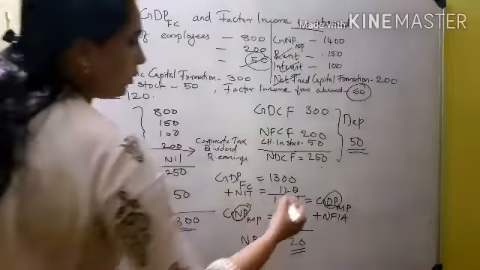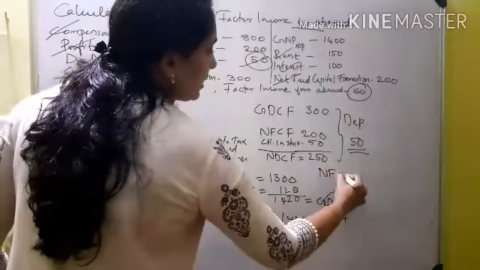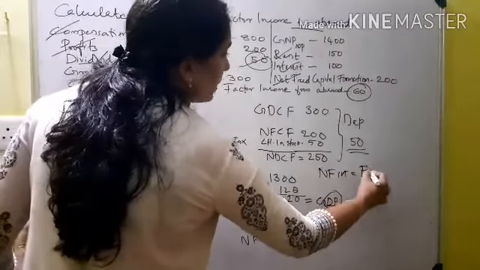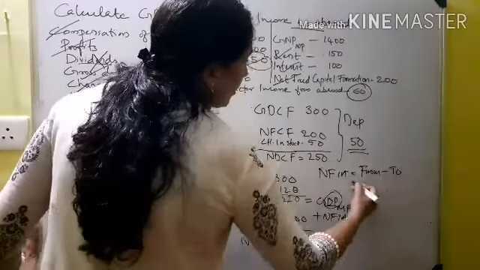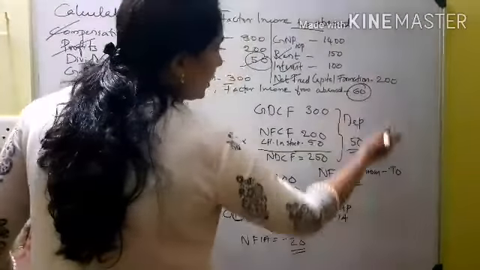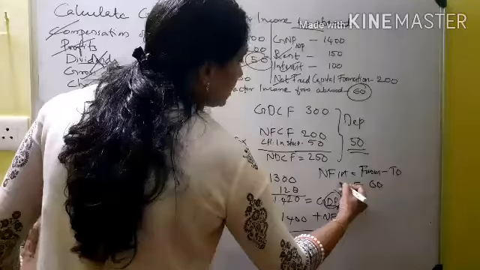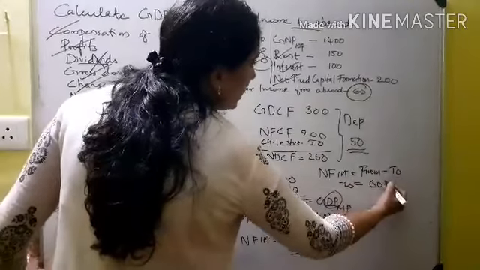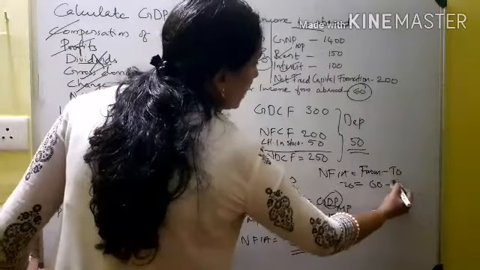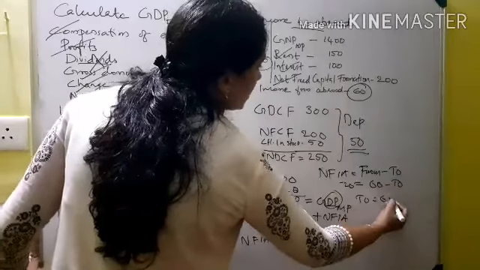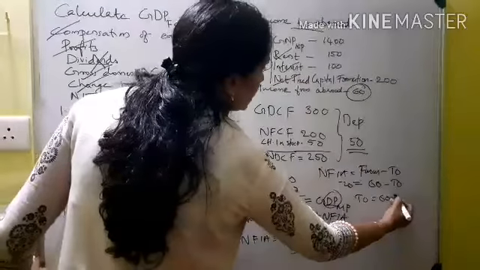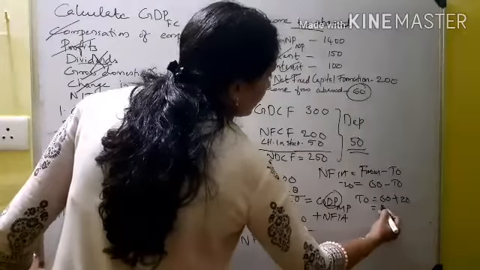We know NFIA is equal to net factor income from abroad minus factor income to abroad. From abroad is given in the question as 60, and NFIA is minus 20. So 60 and this 20 going to this side, that is 80.